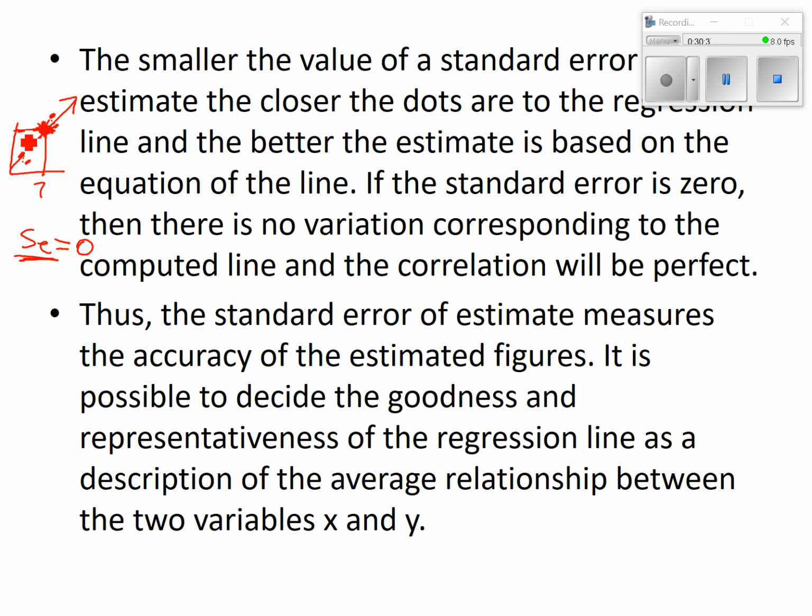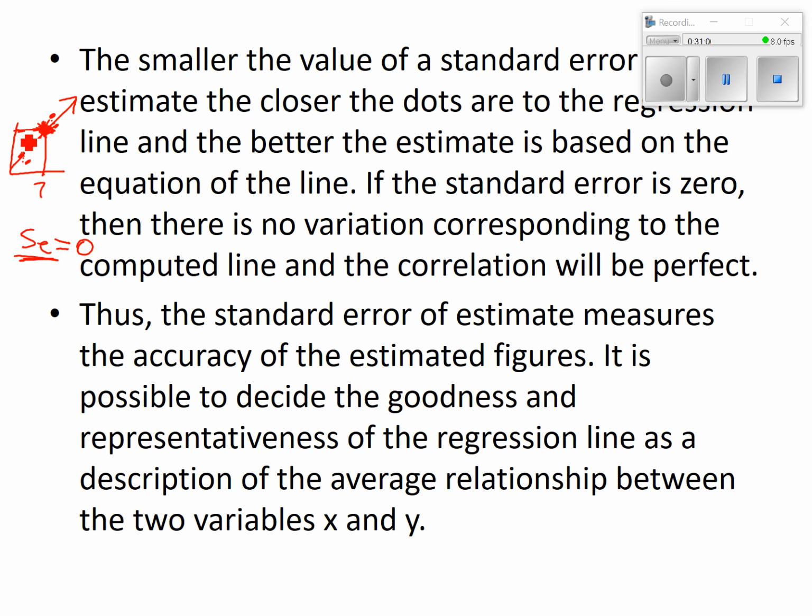Thus, the standard error of estimate measures the accuracy of the estimated points that we're coming out with. It is possible to decide the goodness and the representativeness of the regression line.